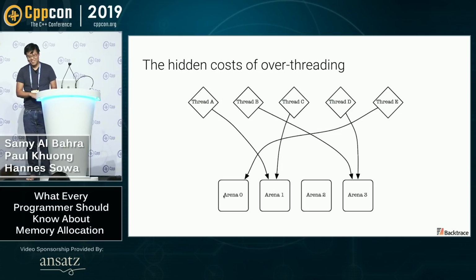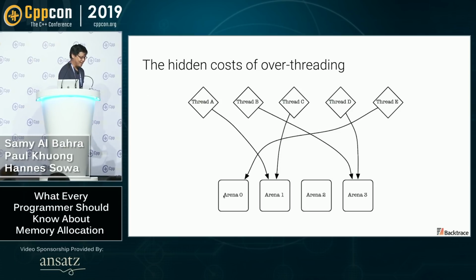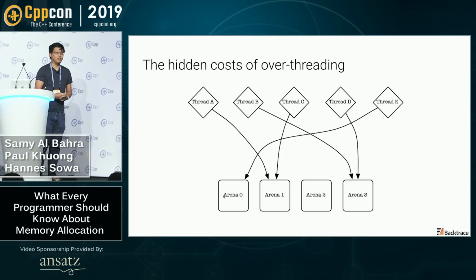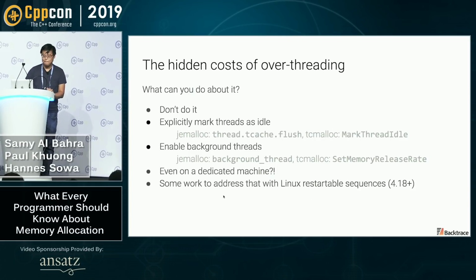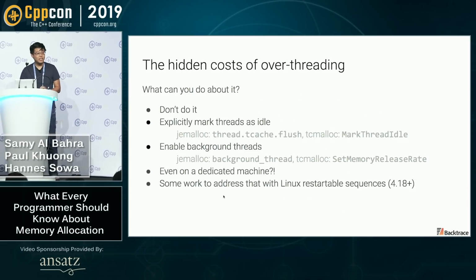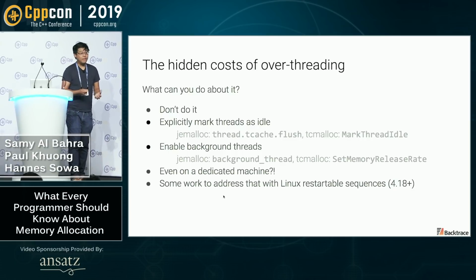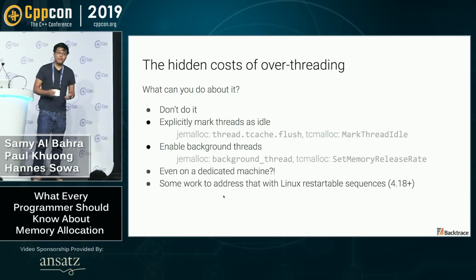All right. Something else that happens with threads. We already mentioned that in order to alleviate contention with multiple threads, we use arenas. So those are a lot of private subheaps, and we assign a ton of threads to them. The problem here is that each of these arenas will have their own allocation cache. They will have their own resources.